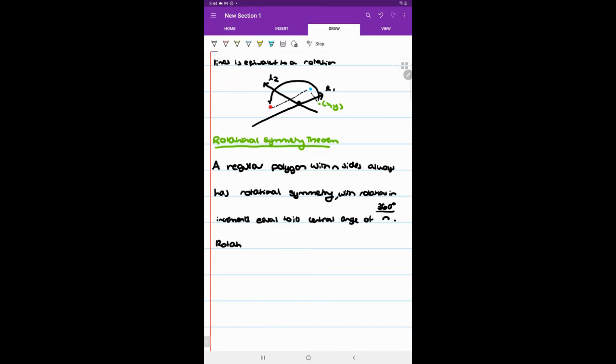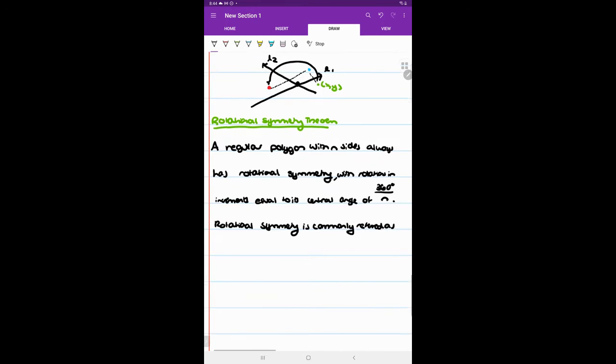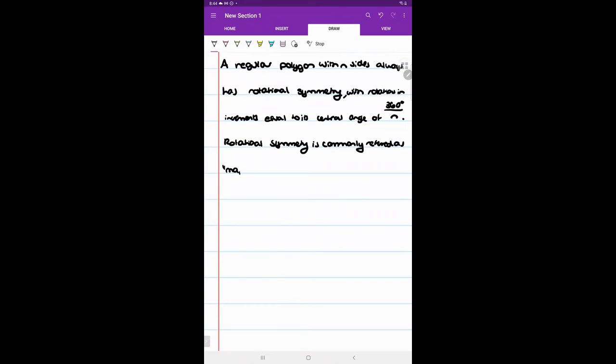Rotational symmetry is commonly referred to as mapping the figure onto itself.